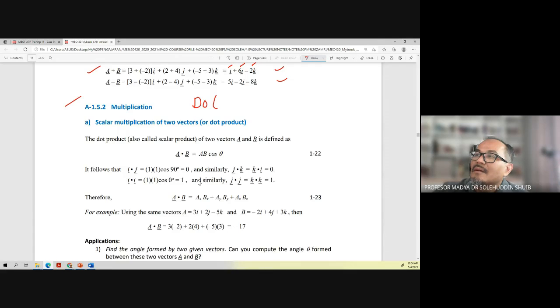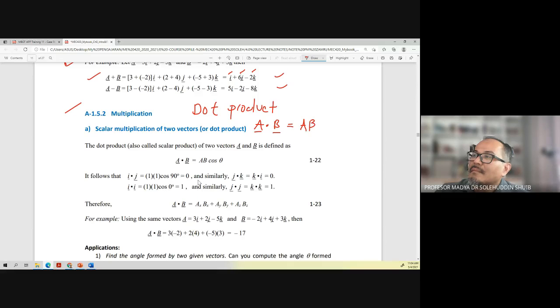For the dot product, you have vector A dot vector B, so you get A times B multiplied by cosine theta. This is the formula.